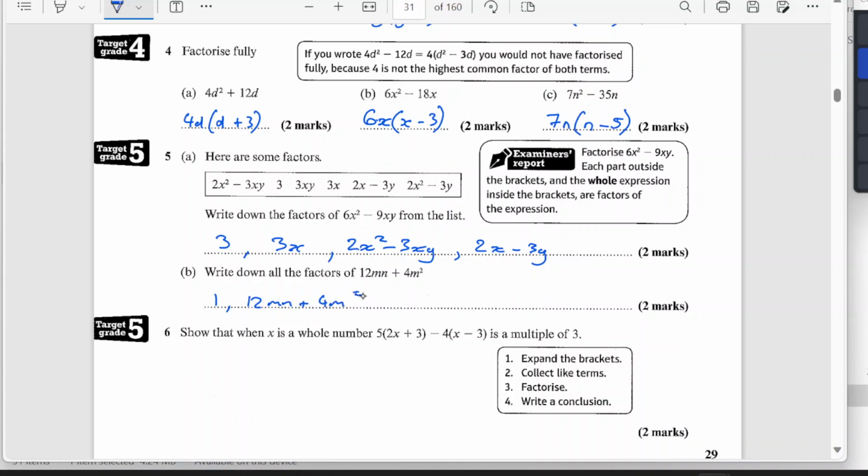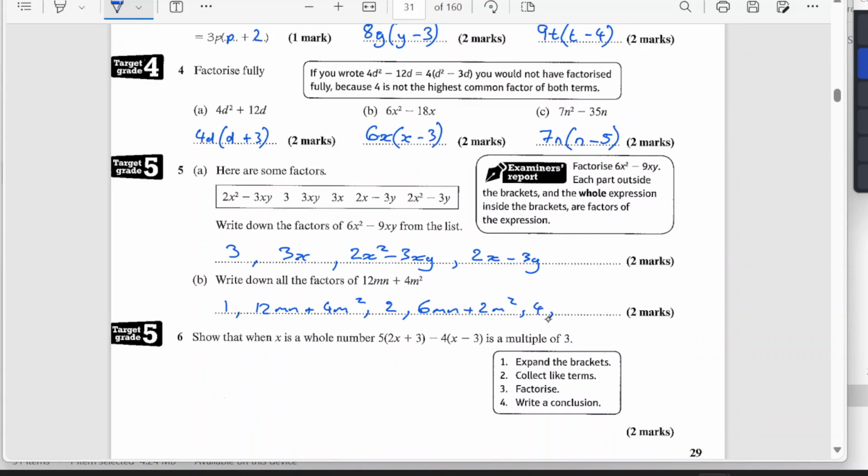Technically that would be a factor. Then if I imagine taking 2 out, my factor pair for that would be 2, and 6mn plus 2m squared.